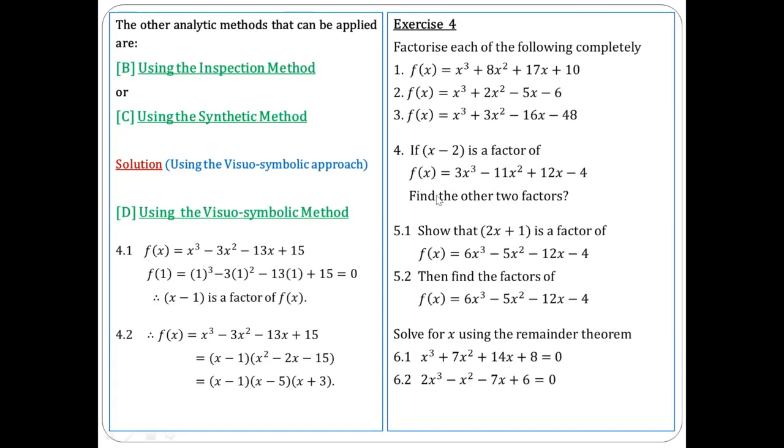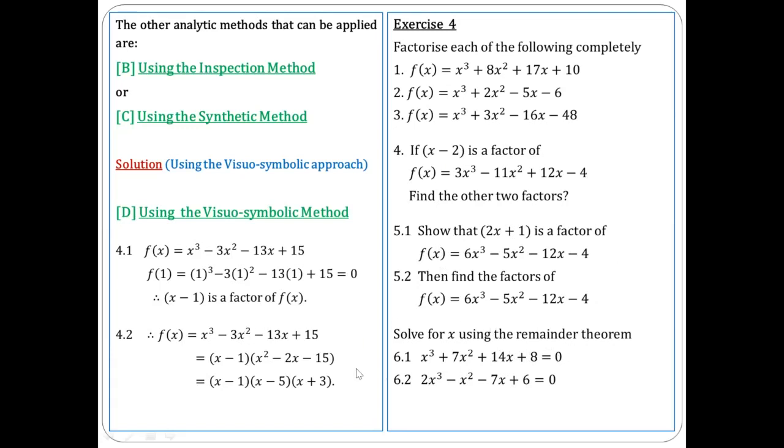Also, here with question 4, they say if x minus 2 is a factor of f of x, find the other 2 factors. Well, it's similar. You can use any of the 4 methods. And question 5, you can also use any of the 4 methods. As well as question 6, right?